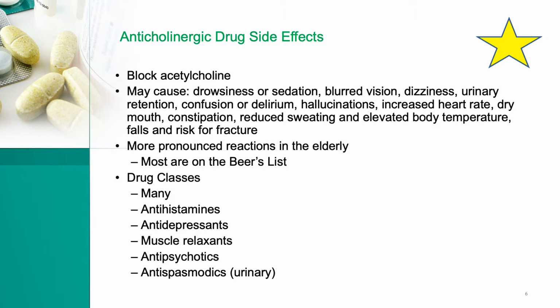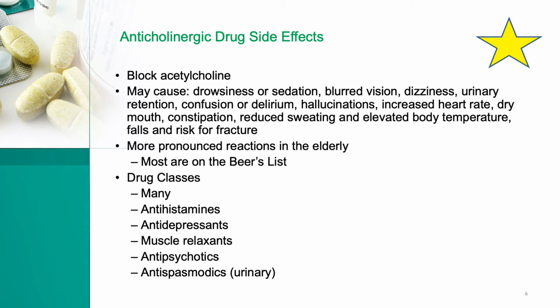Anticholinergic drugs block or antagonize the action of the neurotransmitter acetylcholine. A neurotransmitter is a chemical released by nerve cells to send signals to other cells. And acetylcholine is involved in transmitting messages that affect muscle contractions in the body and learning and memory in the brain.